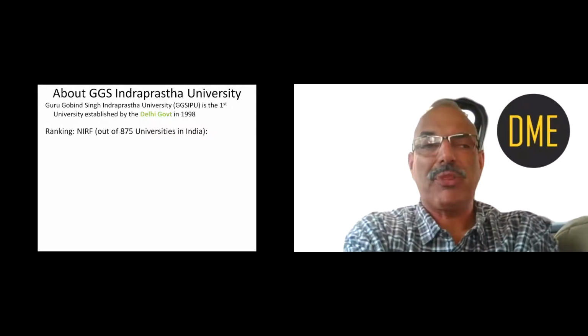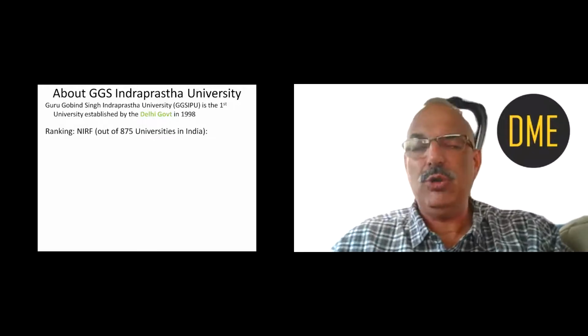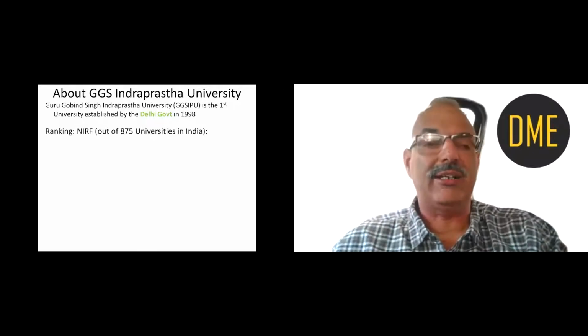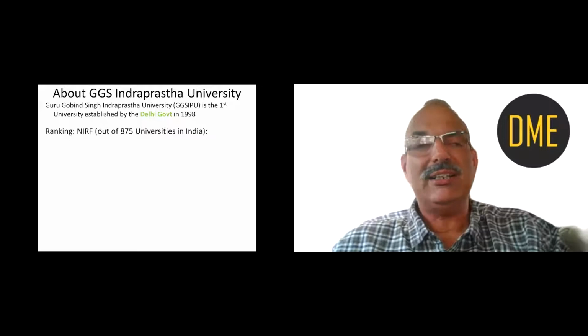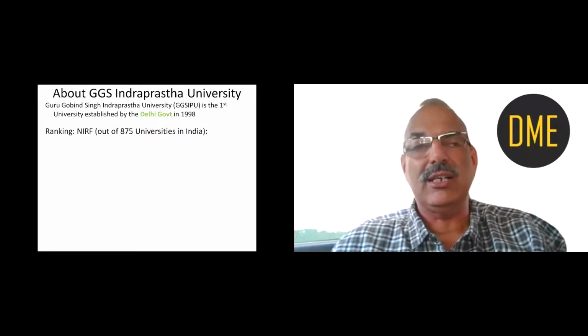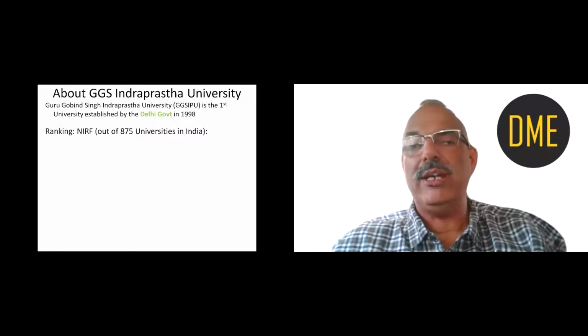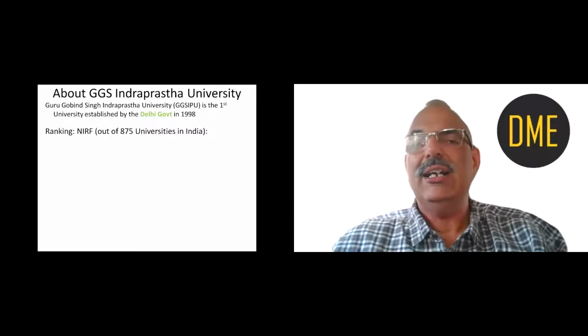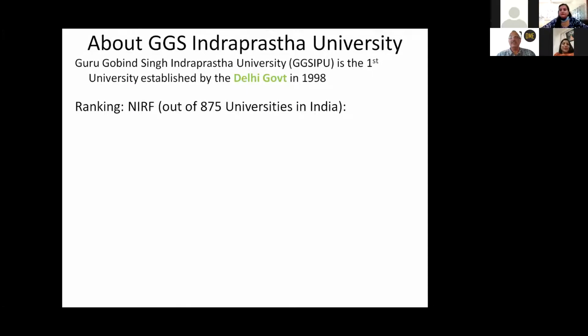So how do we say what IPU's rank is? The best way is to not go by the rankings of any magazine or journal, be it India Today or Frontline, nothing like that. We'll straight away come to the rankings given by the government agencies.